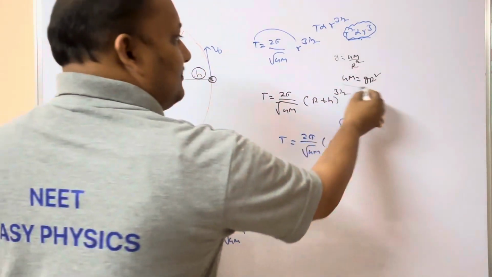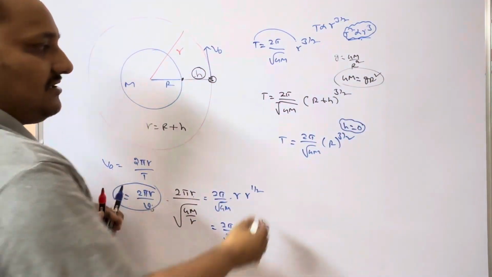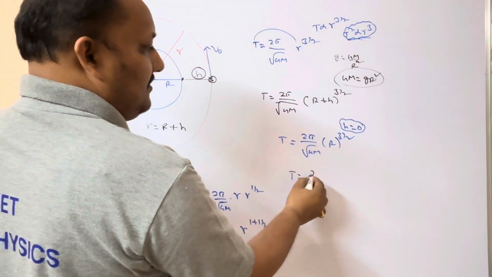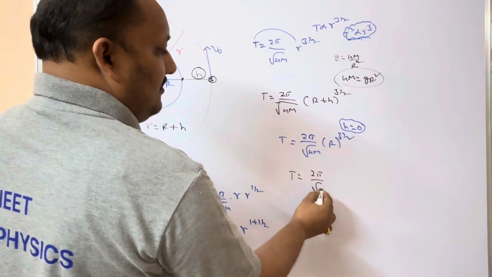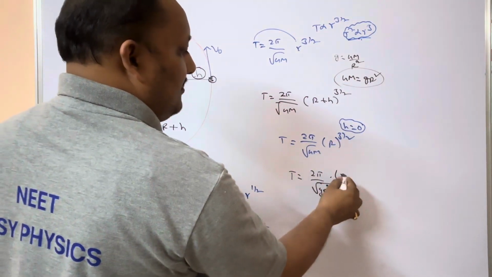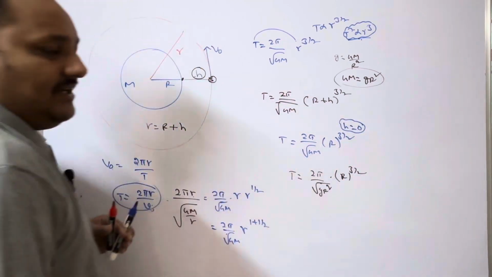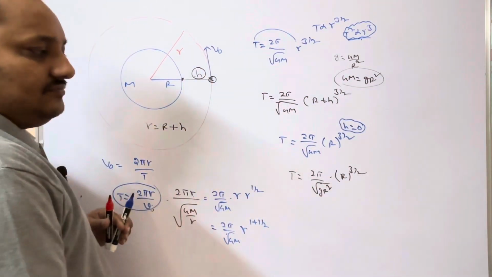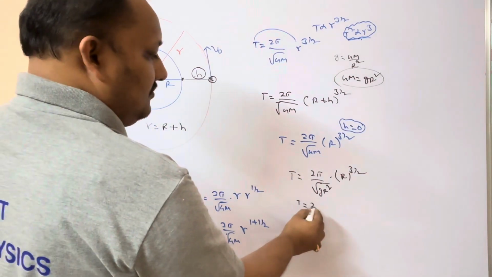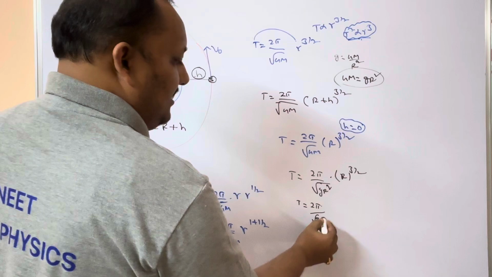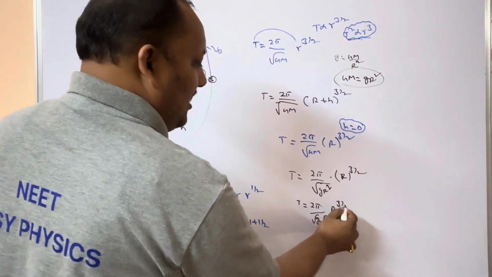So this GM, if written as g R square, T is equal to 2 pi by root g R square, into R power 3 by 2. So this R square, if we send it outside, 2 pi by root g, capital R power 3 by 2.